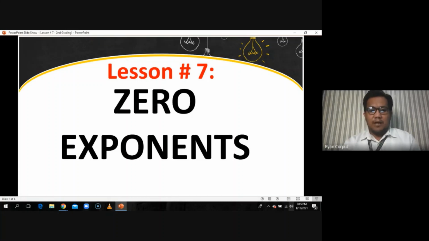And aside from that, you are going to apply the different laws of exponent that we have discussed the last time. So the laws of exponent, particularly product rule, power of a product rule, power of a quotient rule, and quotient rule. So yun ang mga laws of exponent na possible na ma-apply natin in discussing zero exponents.